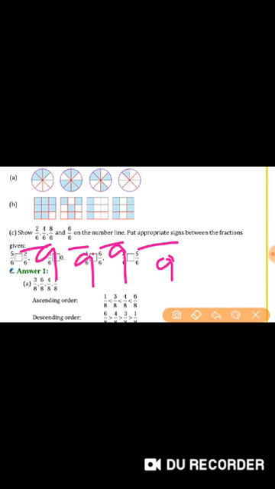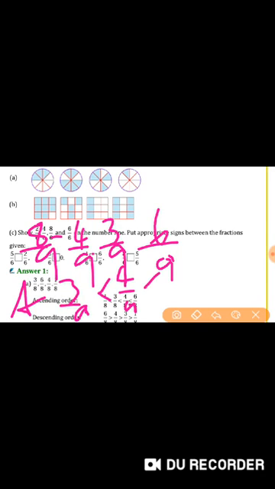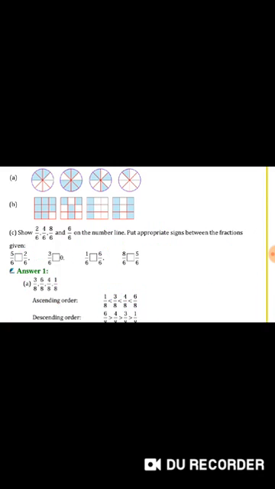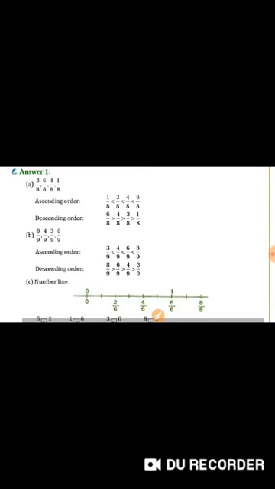That I'll show afterwards. So what is the portion? It is 8. It is 4. It is 3. And this is 6. So ascending order: 3 by 9 first, which is less than 4 by 9, which is less than 6 by 9, which is less than 8 by 9. So descending here, reverse process.